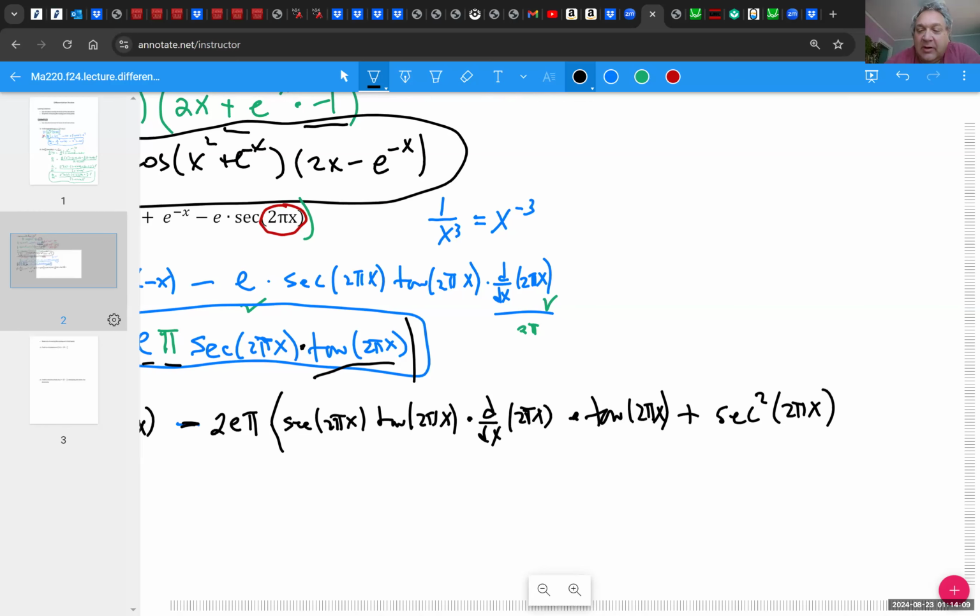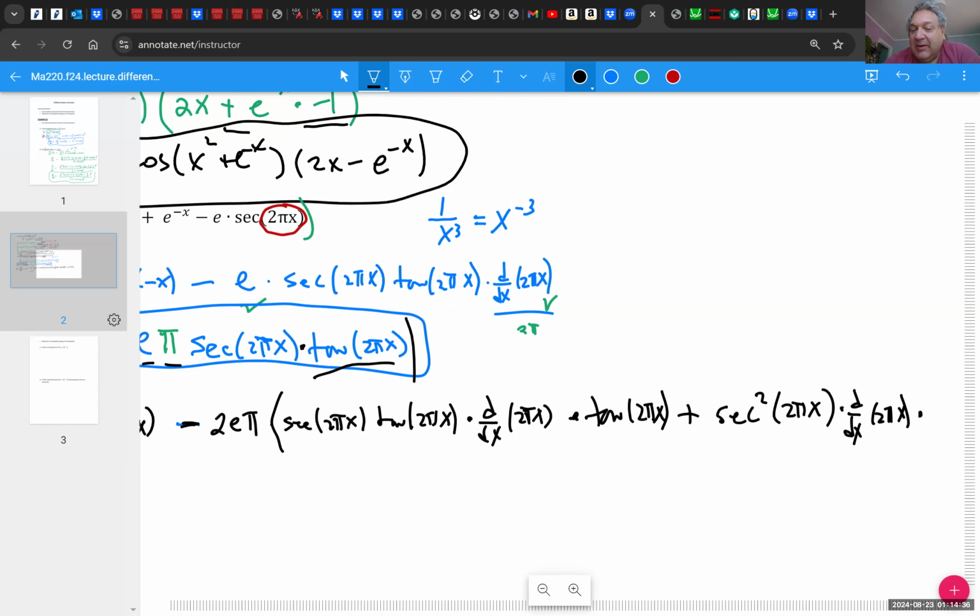You could also write the square on the outside if you wanted to. The square can be either place, but math people love to do their little abbreviations and put the square there. Again, hopefully you're not getting tricked anymore. Since it's not just tangent x, the answer is not just secant squared 2 pi x. You have to multiply by the derivative of the inside function.